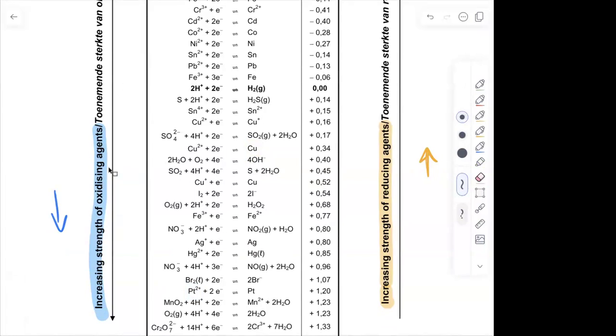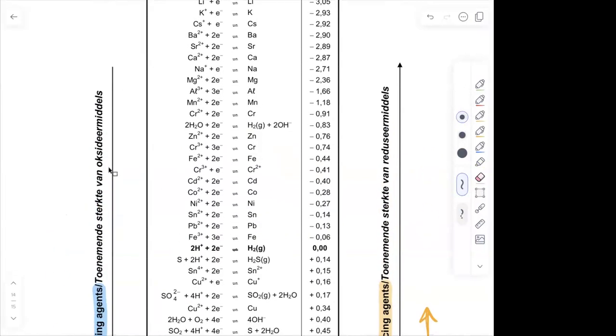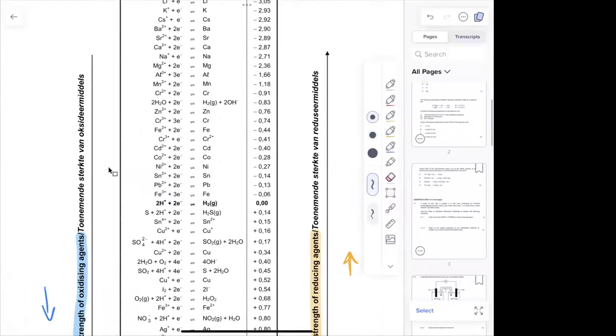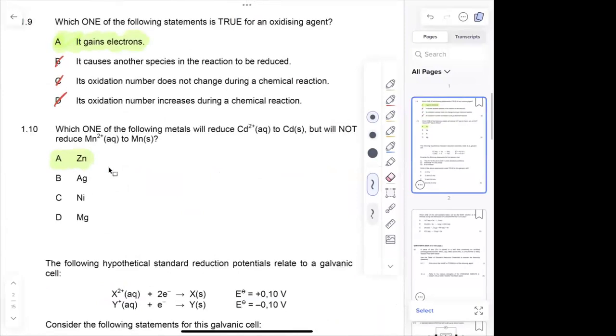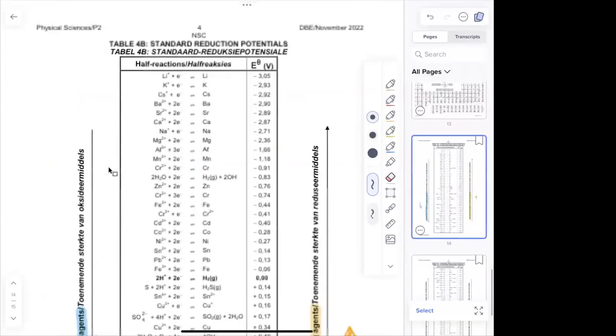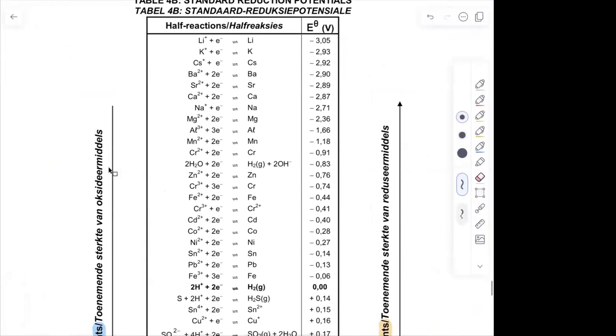Sorry, I need to check the valency before I go too far. We're looking for Cd2+ to Cd, and not Mn2+ to Mn. Okay, let's quickly go back. There it is.